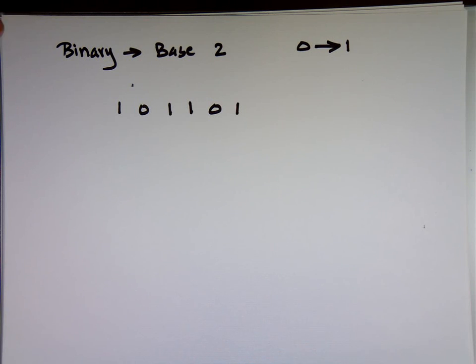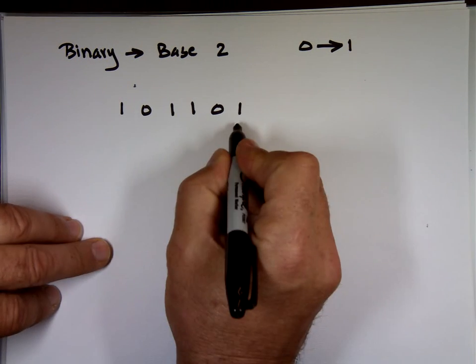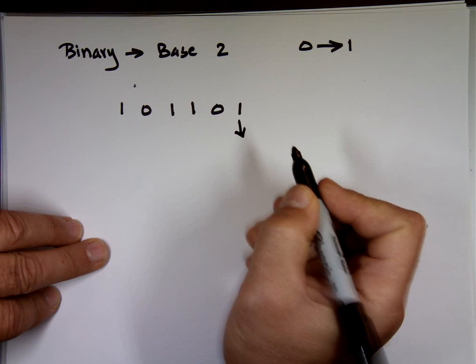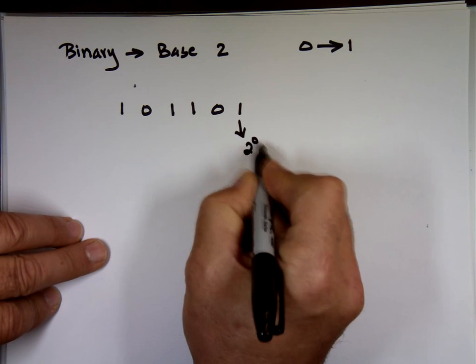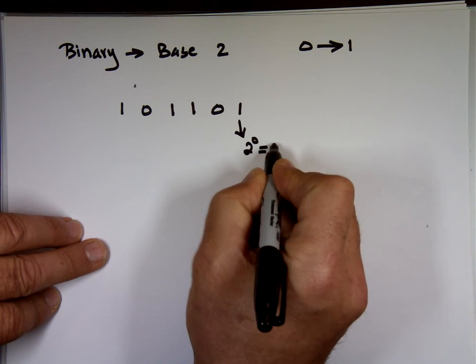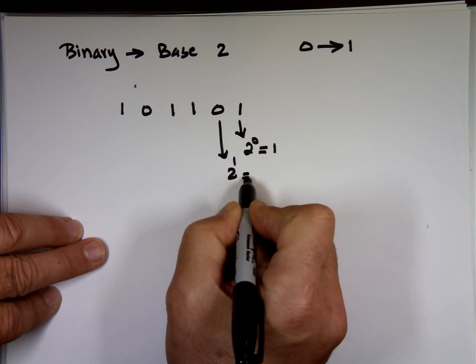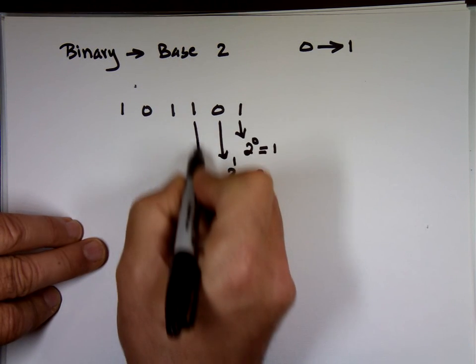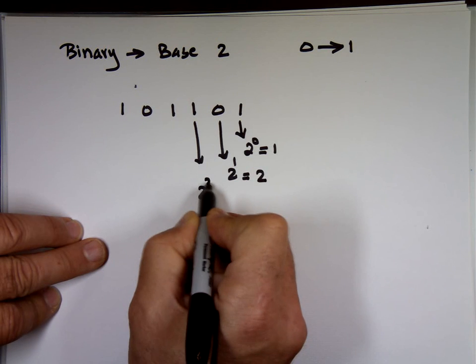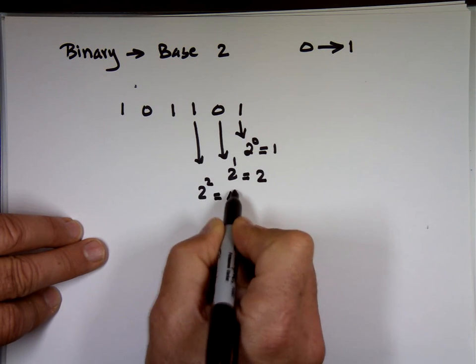Well, let's do the same thing we did with base 10. What's the weight of this digit? That's 2 to the 0, which is what? 1. This one, 2 to the 1, which is what? 2. This is 2 to what? Second, which is what? 4.